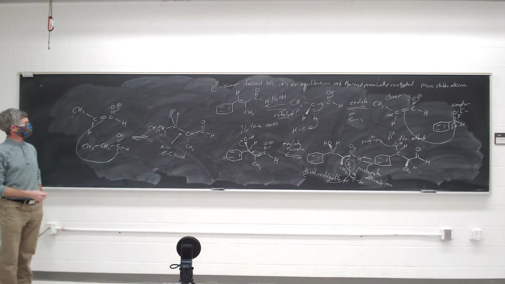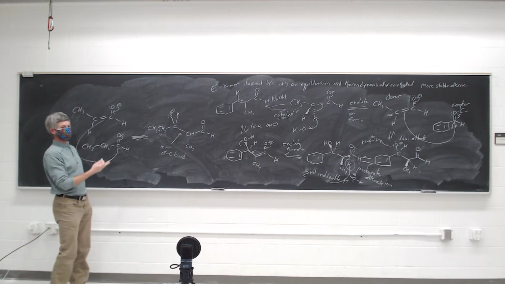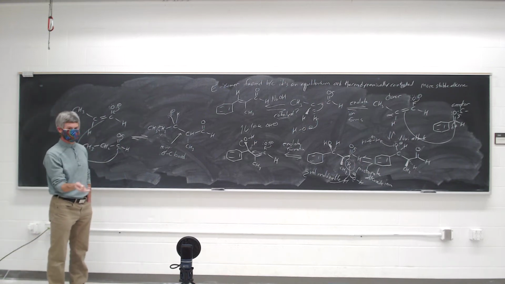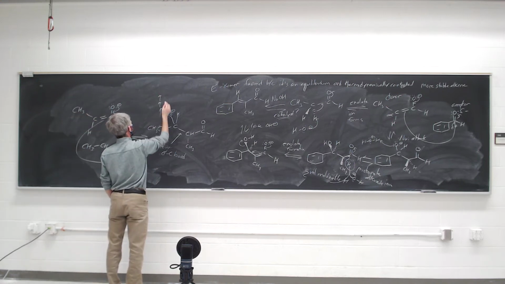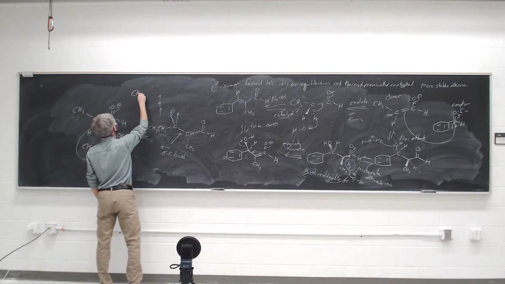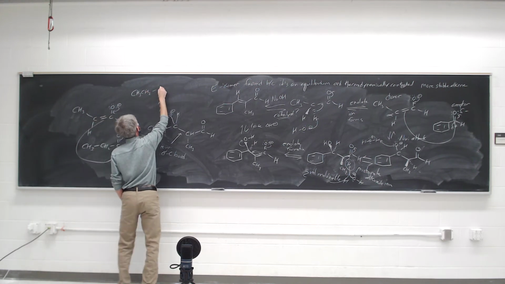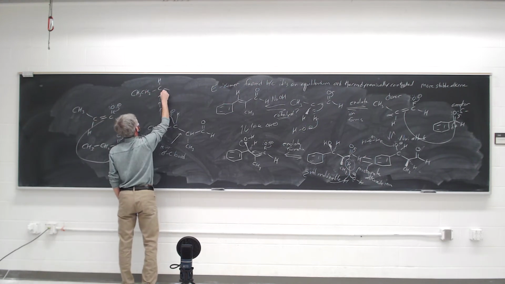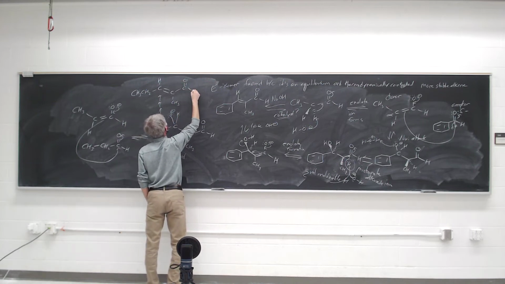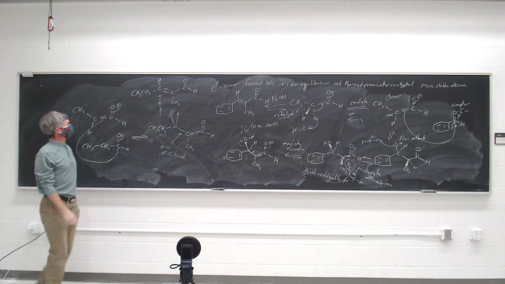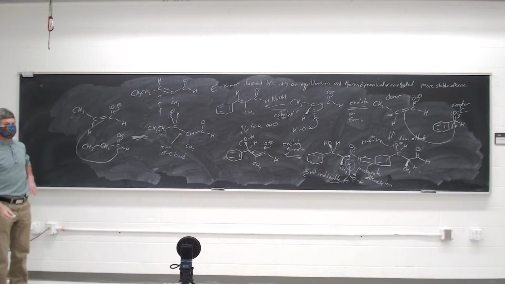There's nothing to prevent it from doing that. And then you can protonate that alkoxide, and then you can form the enolate again, and after 3 more steps, you might predict that you would make the other possible alpha-beta unsaturated carbonyl compound.